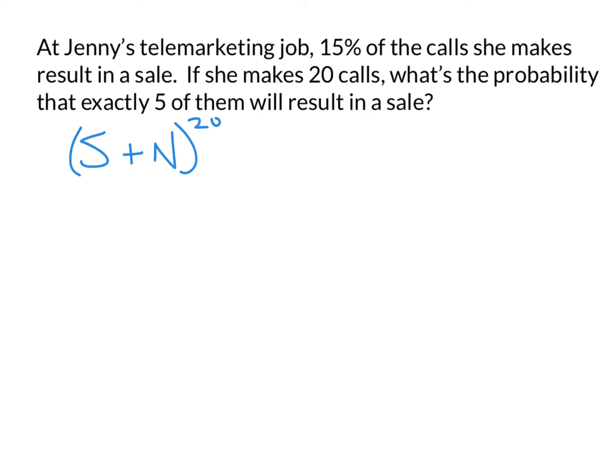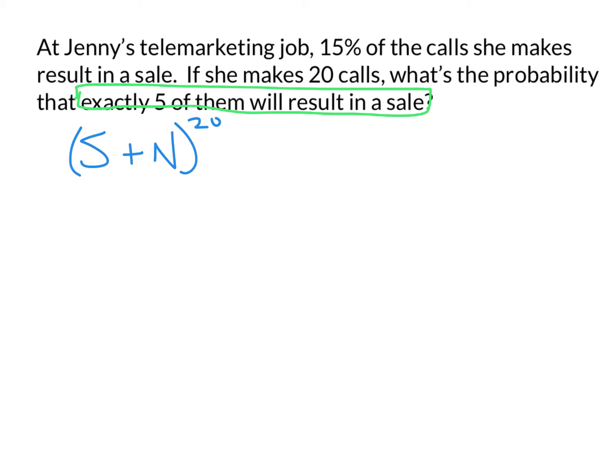Now, trying to expand this binomial would fill up pages and pages to go through all the work and come up with our 21 different terms. Now, the thing is, we don't care about all 21 of those terms. We only care about one term in particular, and that's the one where exactly 5 of them will result in a sale.